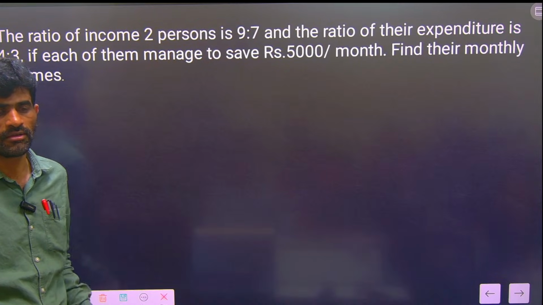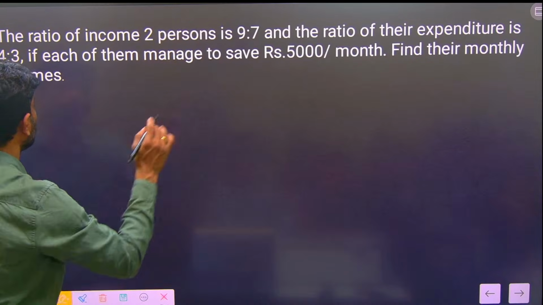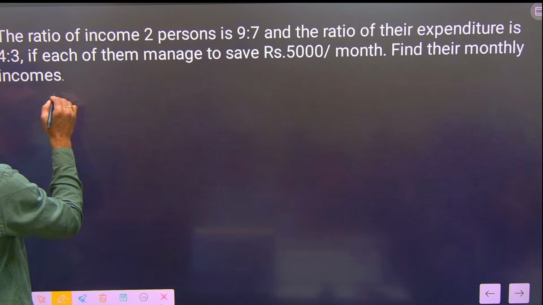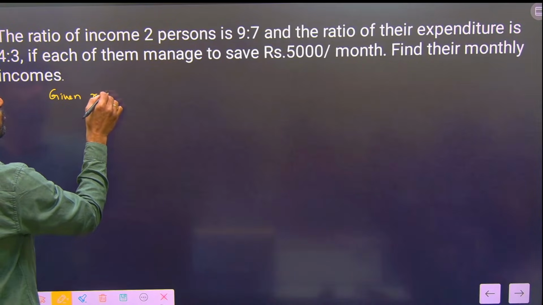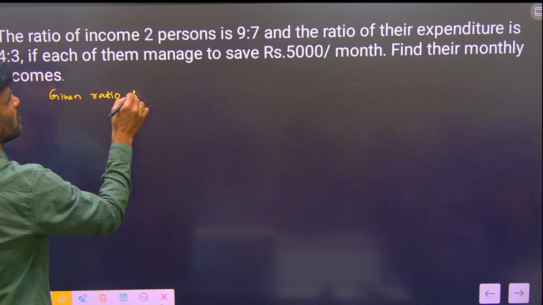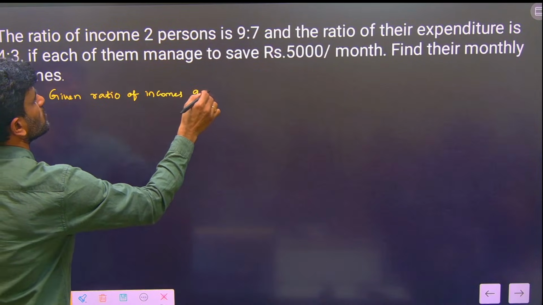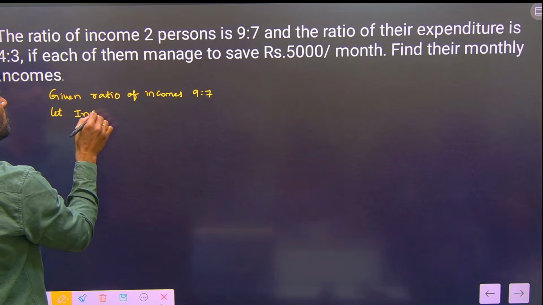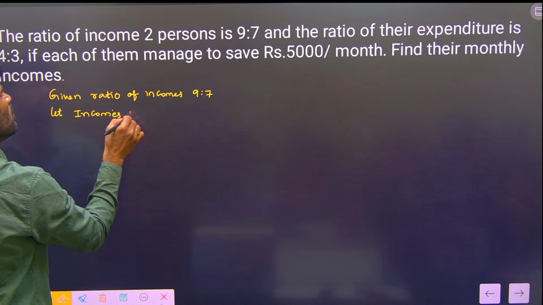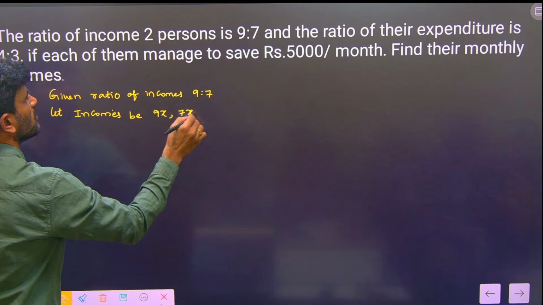The problem is getting the equations only, converting that information into equations. If you know that, that is enough. So here what we do, because a ratio is given, you can write the given ratio of incomes 9 is to 7. Let incomes be 9x, 7x.